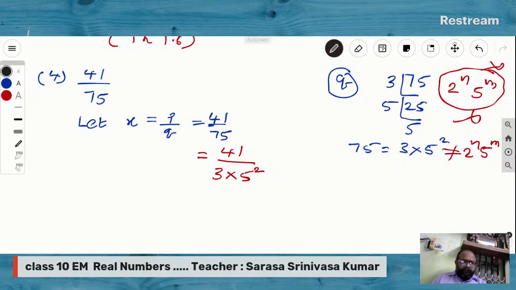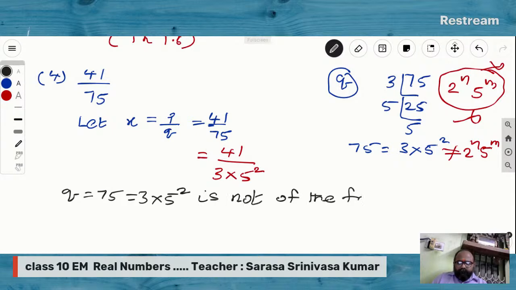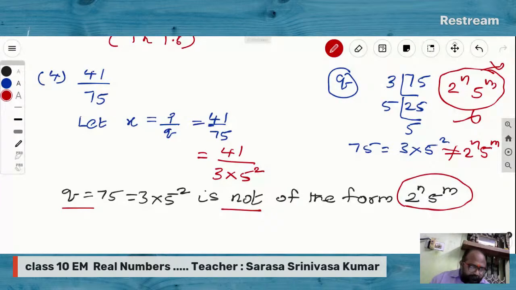Now we write the reason. Q equal to 75, that equal to 3 multiplied by 5 square, is not of the form 2 power n 5 power m. We should have 2 power n 5 power m only in the denominator. So q is not in the form of 2 power n 5 power m.